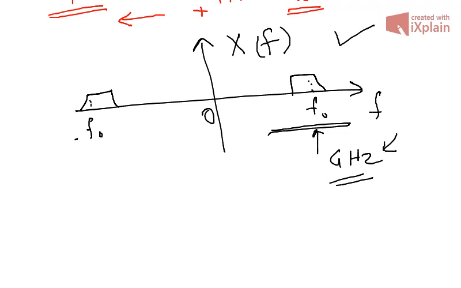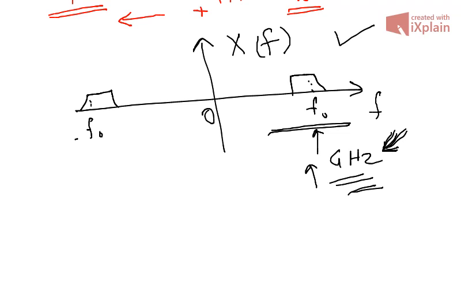It can work, but you need a very sophisticated and expensive circuit to extract your signal from this higher frequency band. So instead of processing the signal in this higher band, we would like to down convert it to the baseband, and then process that baseband signal.